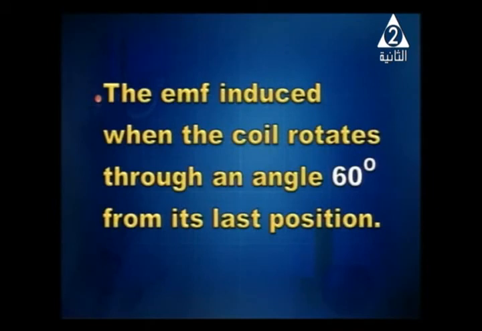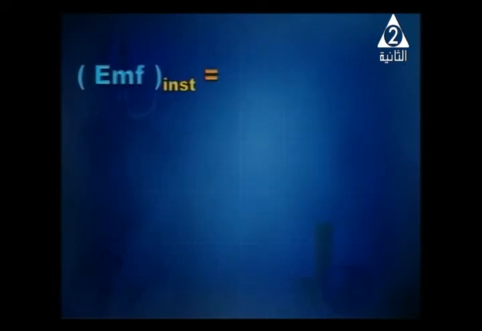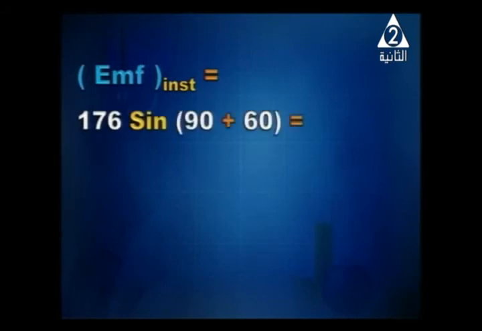Starting from the horizontal position, we have to use cosine 60, or if you want to use sine, it will be sine 90 plus 60 or sine 150. Okay, so instantaneous EMF is equal to maximum, which is 176 sine 90 plus 60. It will be 88 volt, and you could have used cosine.